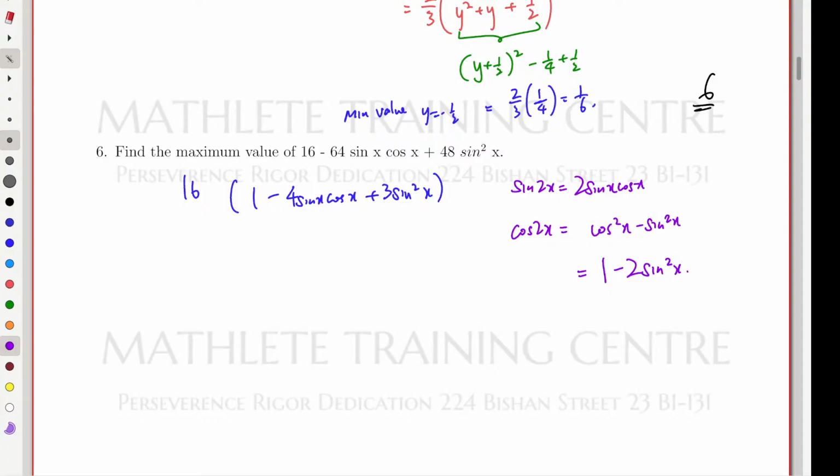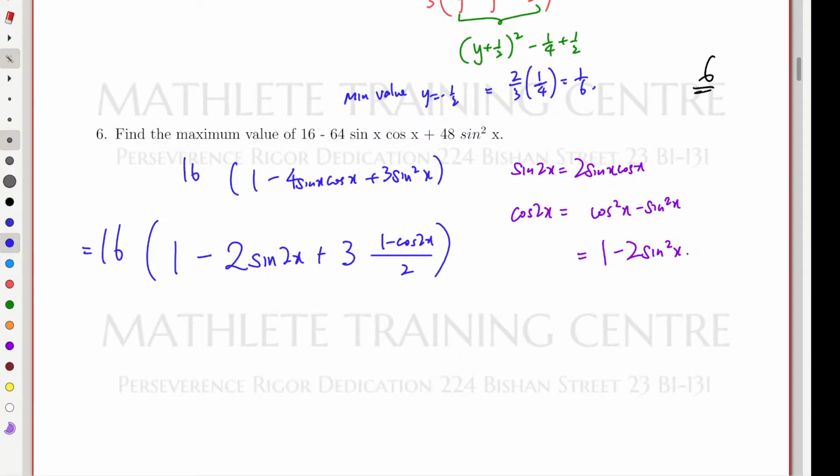So what this allows me to do is rewrite the expression as 1 minus, what does the 4 sine x cosine x become? Well, that's twice of sine 2x. And then our next term here, 3 times sine squared x, is actually going to be cosine.